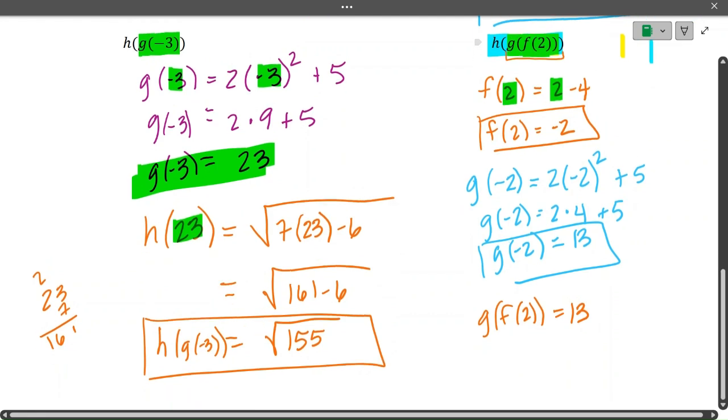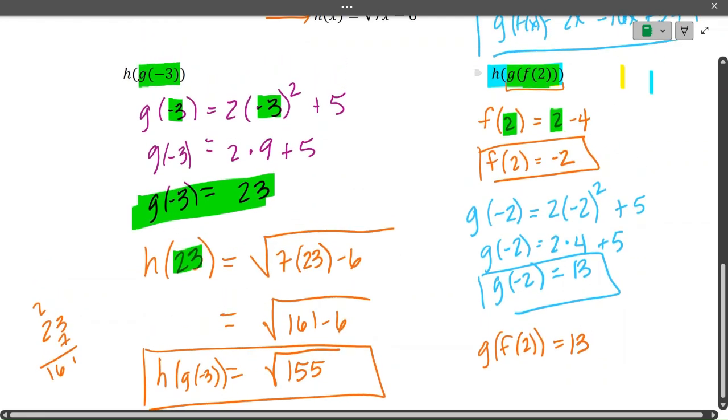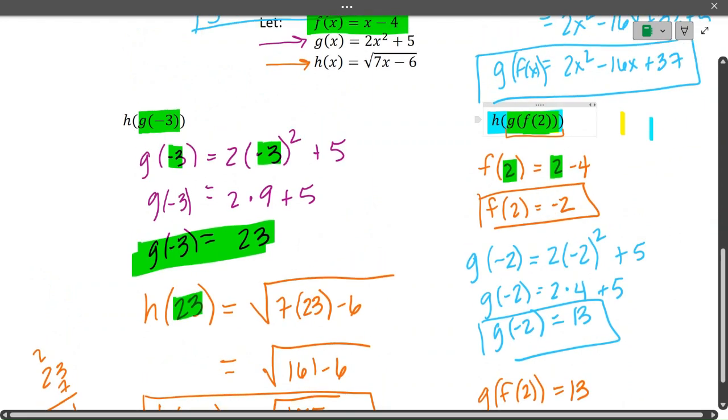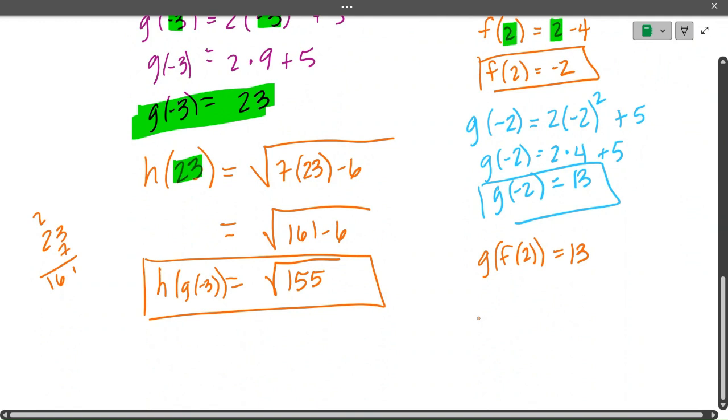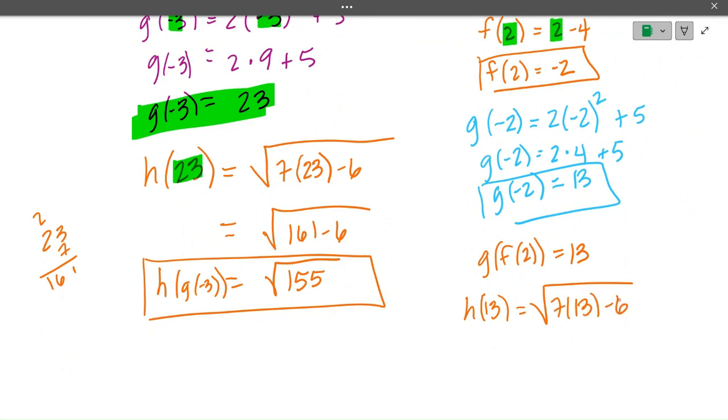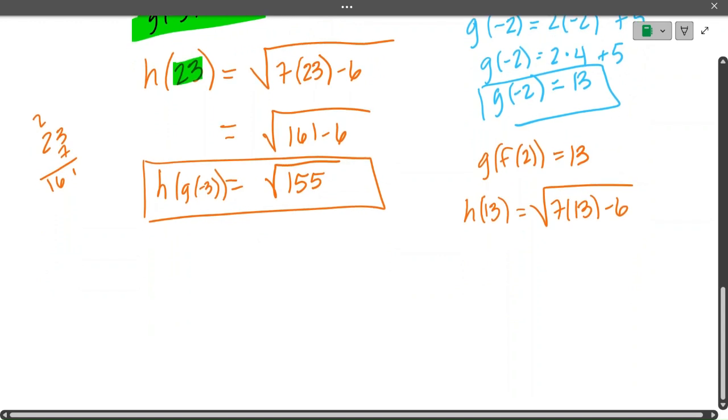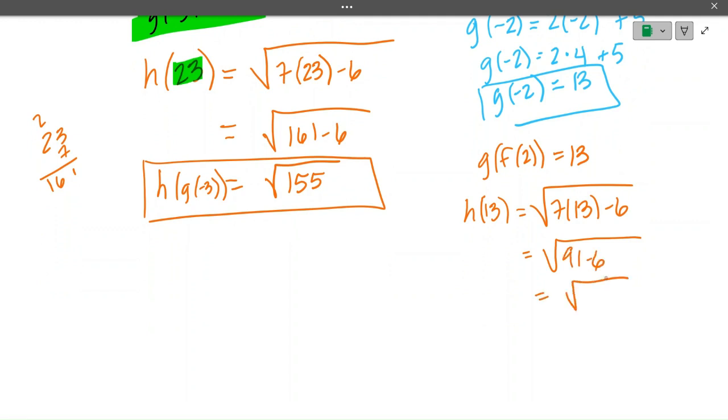So now everywhere in my h function, I am replacing with 13. So we have h of 13 equals the square root of 7 times 13 minus 6. Okay, so that is going to equal 91 minus 6, which is the square root of 85.